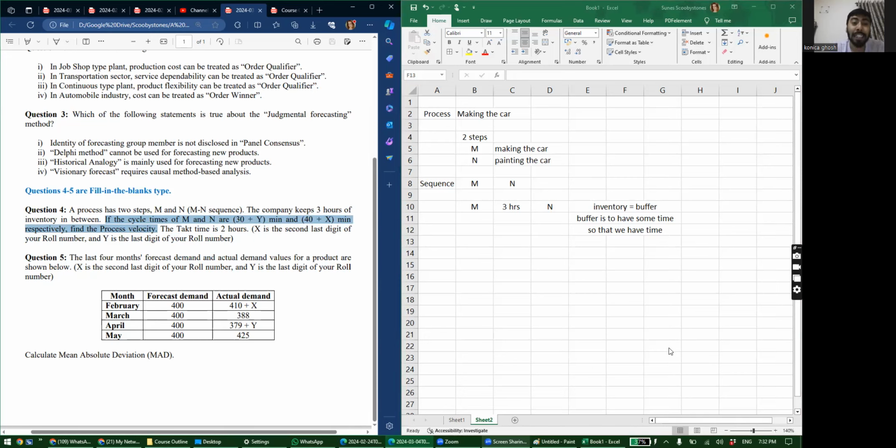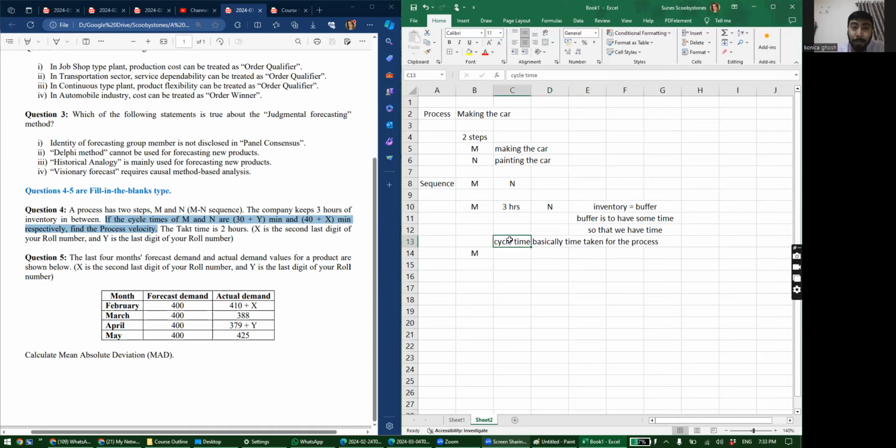So the cycle time of M, meaning the M step, the M process, is the time taken for that M process. The cycle time is nothing but the time taken for a process. That is why the unit they're saying is minutes.